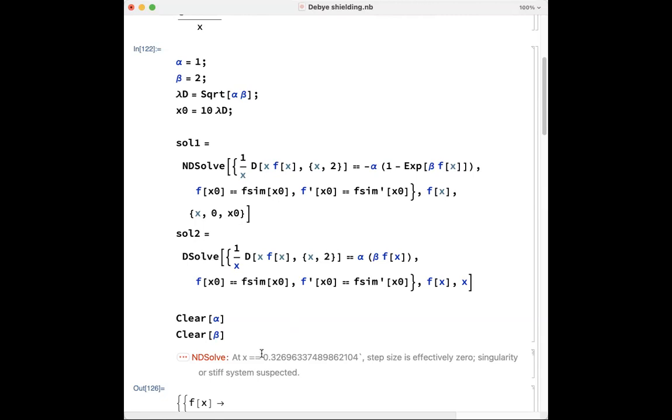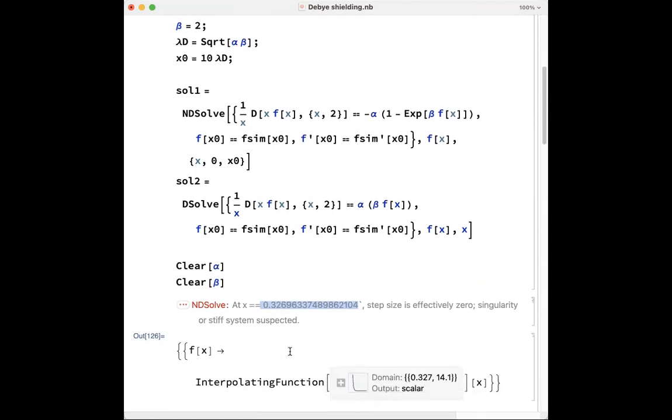Now, I do get an error message, not something we often want to see, but what this is saying is that the numerical solution starts having problems if I move too close to the origin, that is, to the position of the charge.